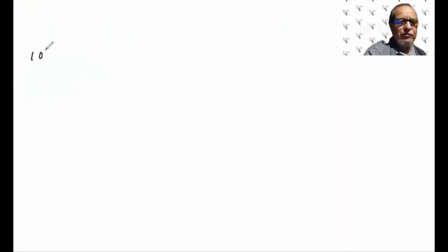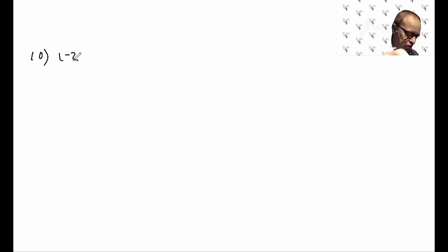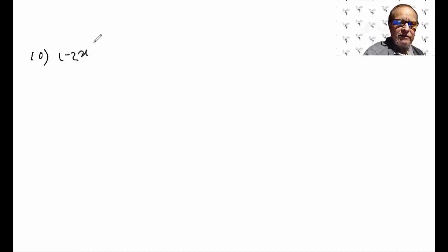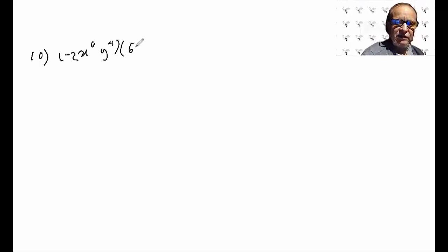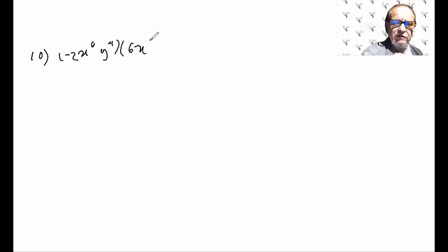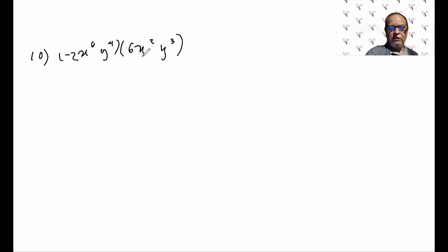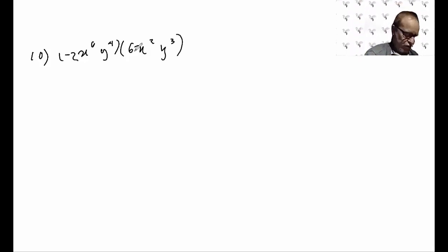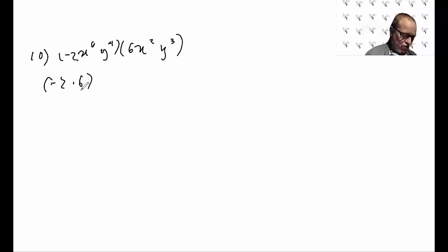In example number 10, we have negative 2 x to the 6th, y to the 4th, times 6x squared y cubed. So what I'm going to do to organize it, I'm going to put all my number terms in one bracket, negative 2 and 6.